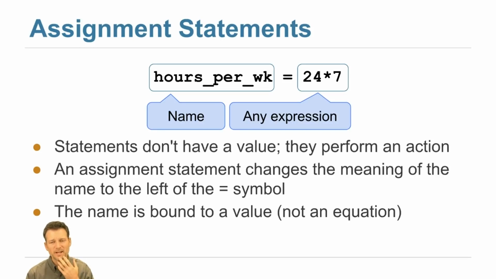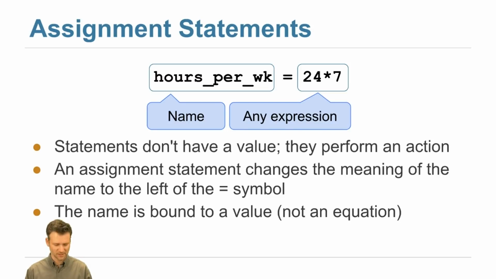I say it's not an equation because if the value of the expression on the right-hand side changes later, doesn't matter. The name hours per week is still going to refer to the same number it did before. It doesn't get reassociated with a new number.